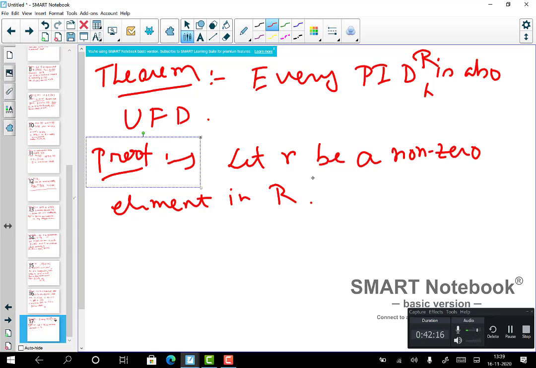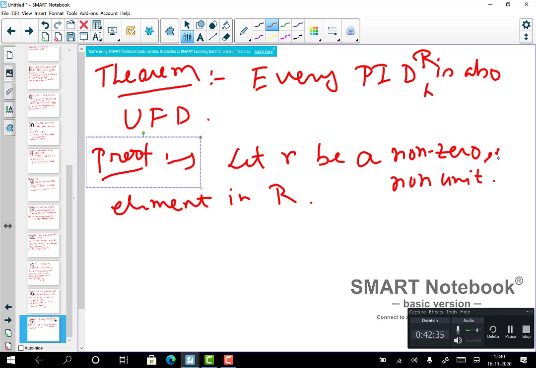So what are the possibilities? I can also assume that R is non-zero and non-unit, because otherwise there is nothing to prove, right? If it is a unit, then it is done.